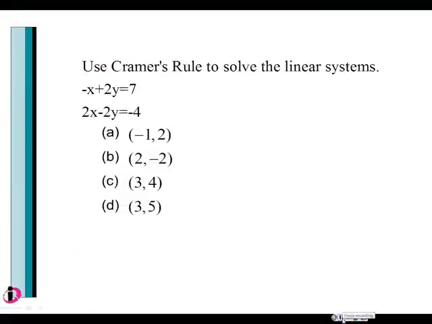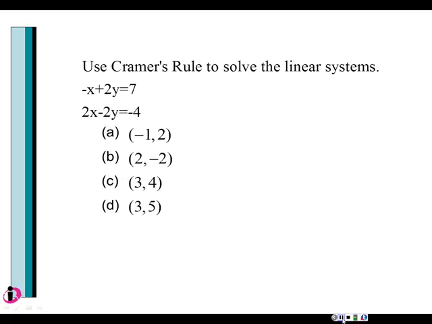Alright, so to solve this system of linear equations by Cramer's rule, let me remind you what we did yesterday. So for x, at the denominator we write the matrix for the left side of the equation, which is -1, 2, 2, -2.